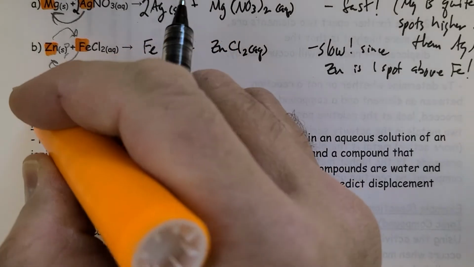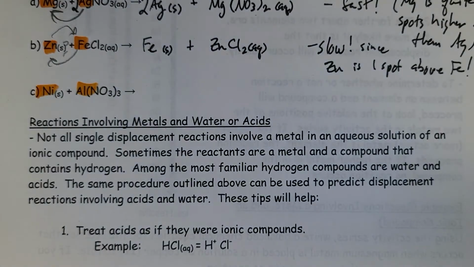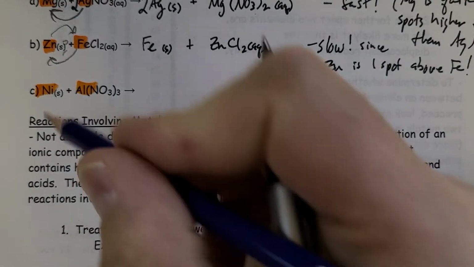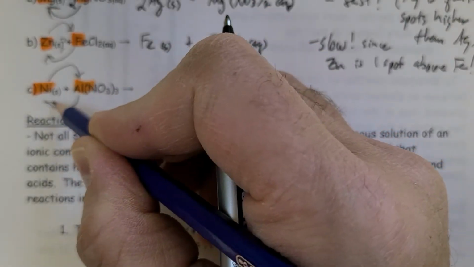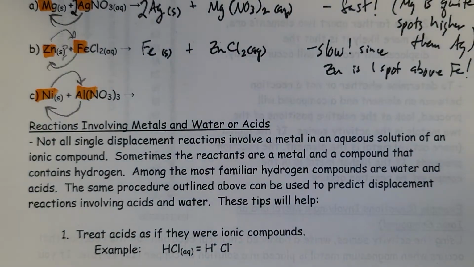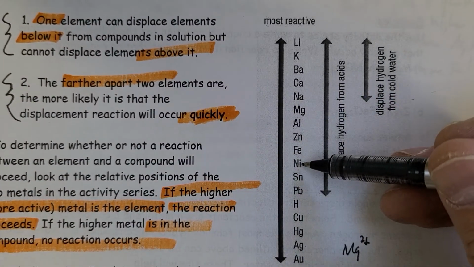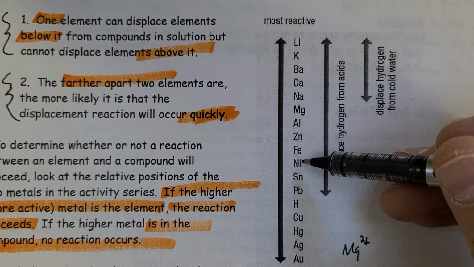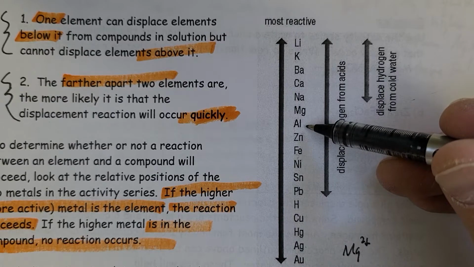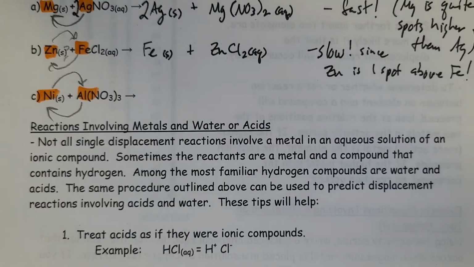And lastly, nickel and aluminum. So is nickel active enough to replace aluminum? Let's see here. Is nickel above aluminum? Nickel, here it is right here. But unfortunately, aluminum is above. So nickel cannot replace aluminum.